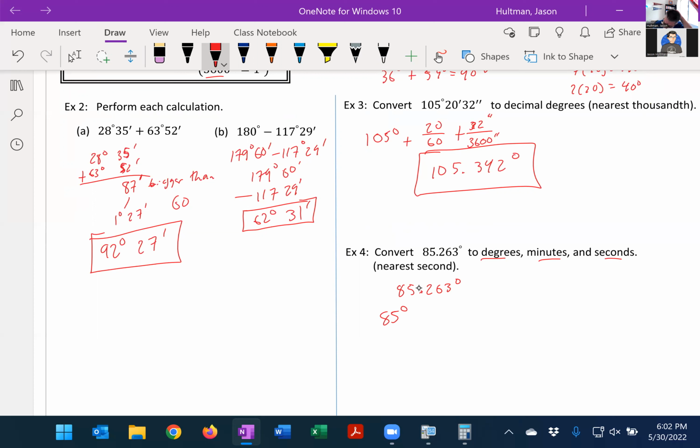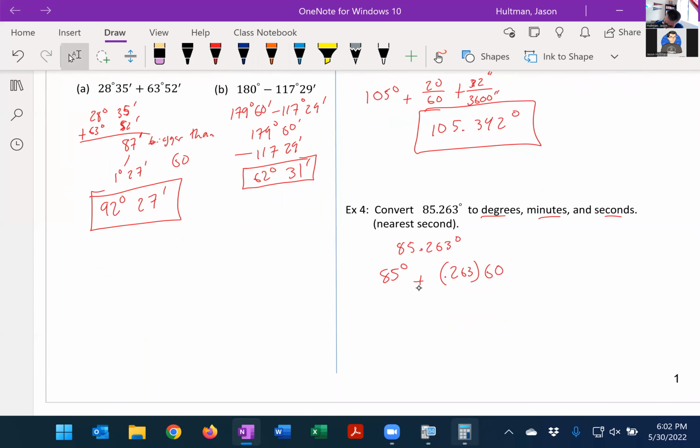What I'm going to do is say, well, what's 0.263 of a degree? I'm going to multiply that times 60, because there are 60 minutes in a degree, right? So I want to know how many minutes is 0.263.